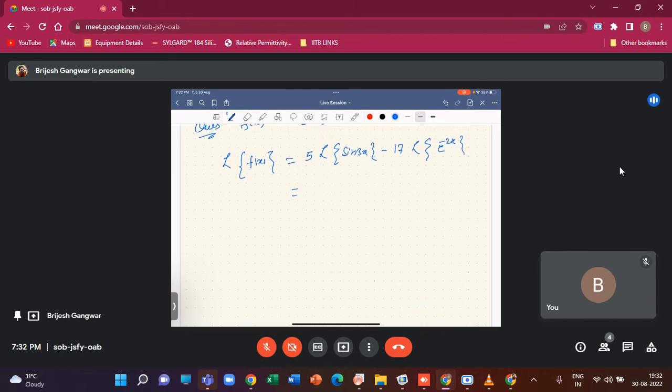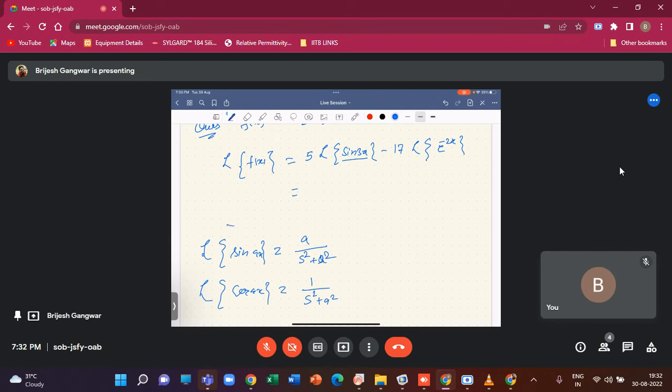You should remember that the Laplace of sin ax is equal to a upon s square plus a square, and in the case of cos ax, it is s upon s square plus a square.